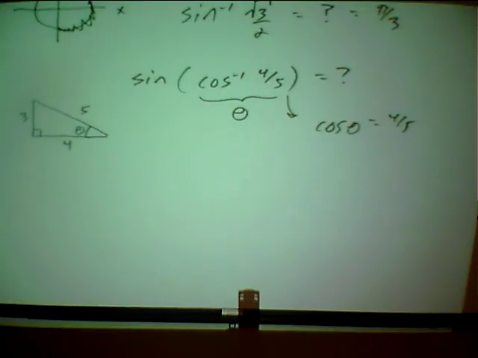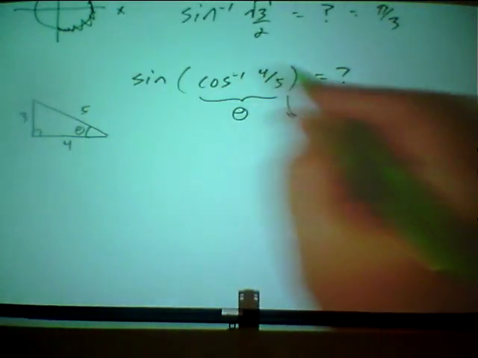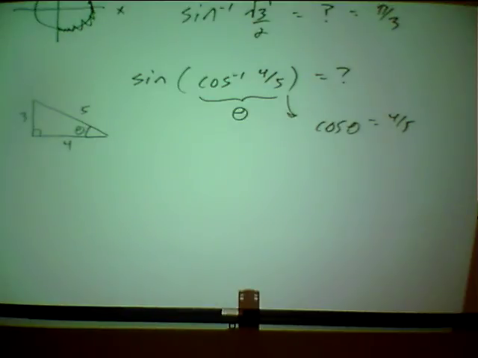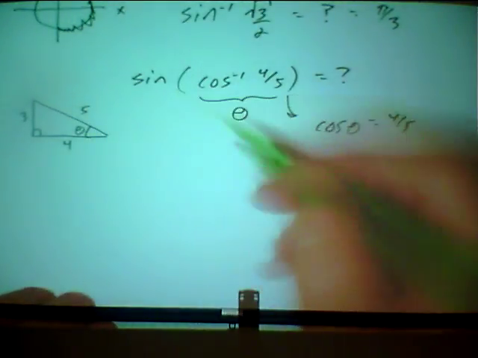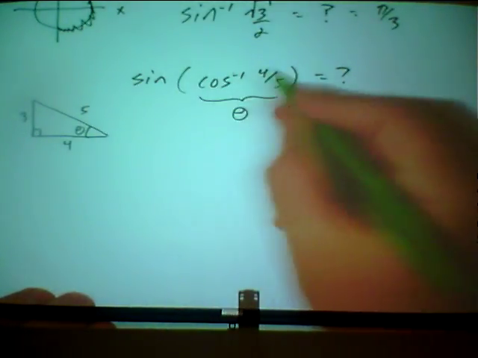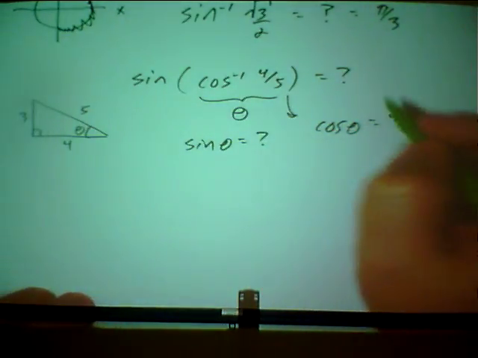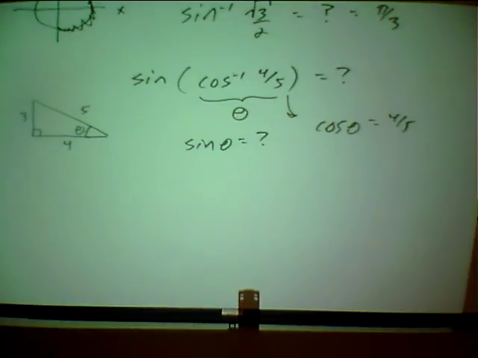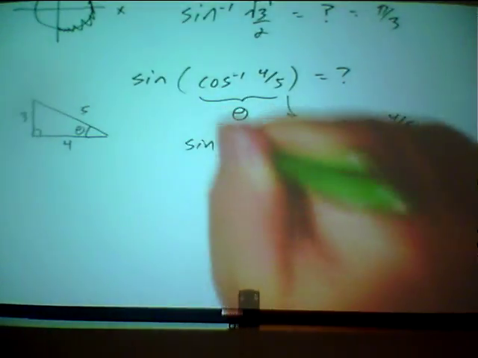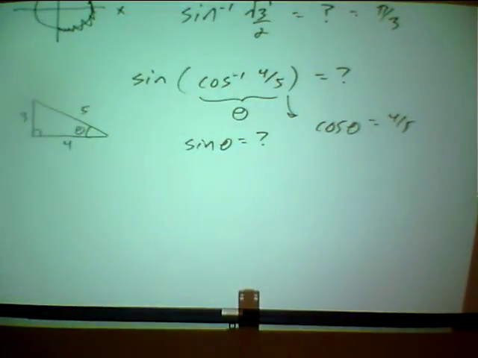So here's the triangle that results from the inverse cosine of 4/5. And what's interesting is now, if I replace this with theta, my problem becomes what's the sine of theta? And this theta is the theta for this triangle.